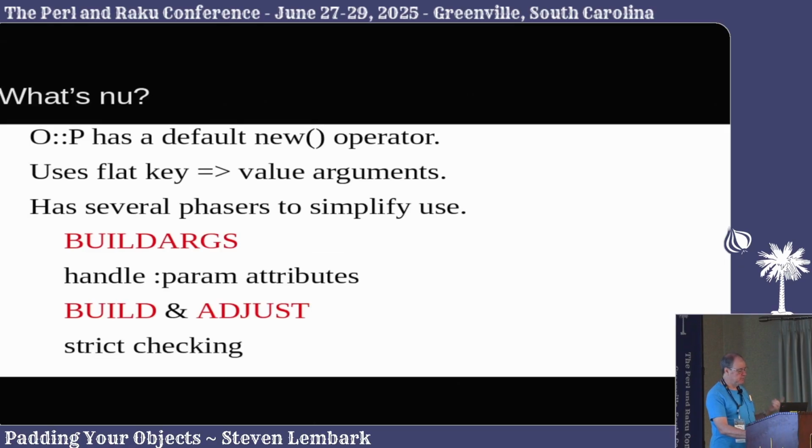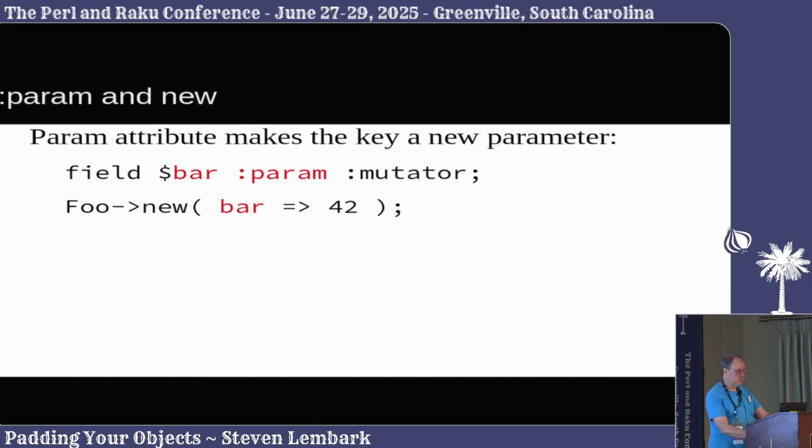What I'll show you today are BUILDARGS and ADJUST. And in fact, BUILD is left over from a time when they were trying to duplicate Moose, and you probably shouldn't even use it. So if you understand BUILDARGS and ADJUST, you'll be able to get through all of this. So a :param on an attribute, in this case the field bar :param, says I want this to be a parameter to new. I'm going to set it from the constructor arguments. So in this case I'd be setting bar to 42.